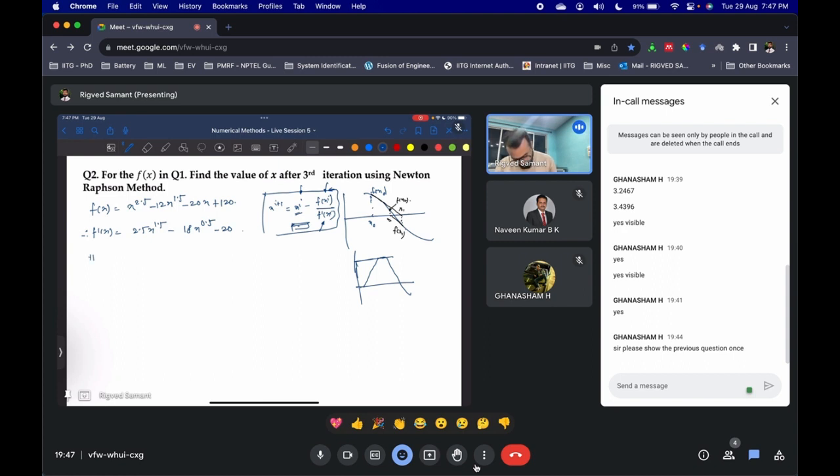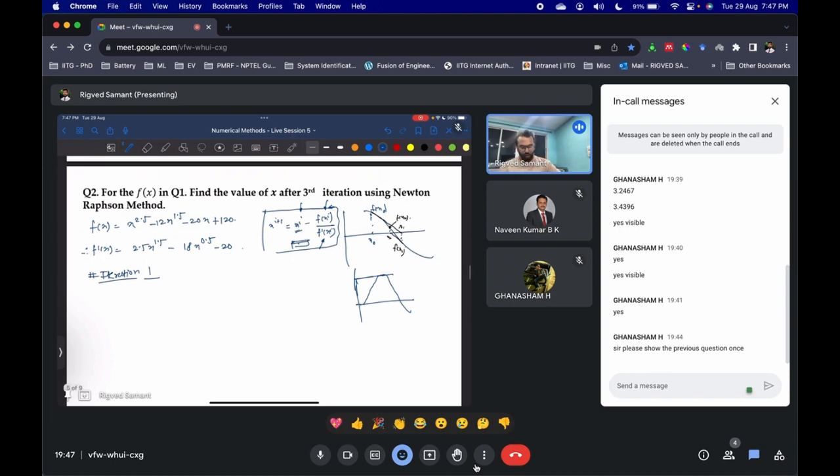So for iteration 1, again you will have to do the similar thing. If we have been given an initial guess in the exam, you have to consider that. If you have not been given the initial guess, again you have to follow this procedure.